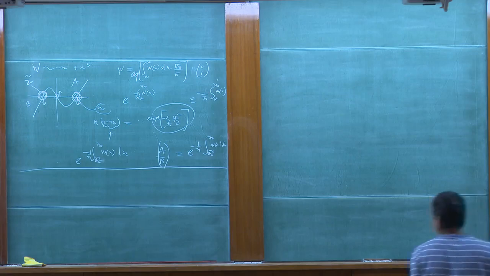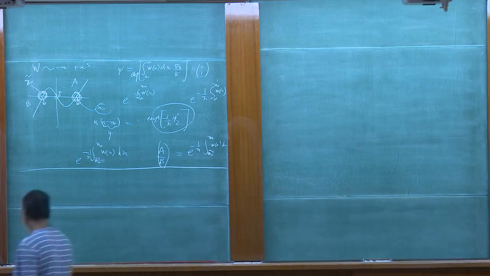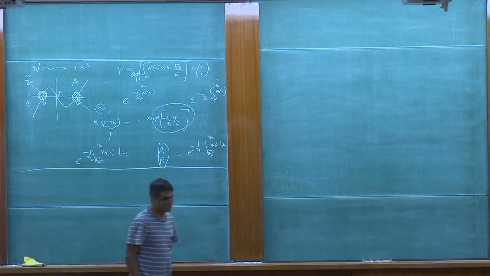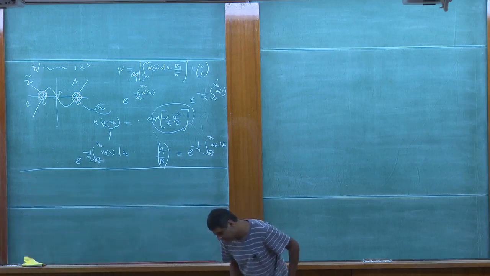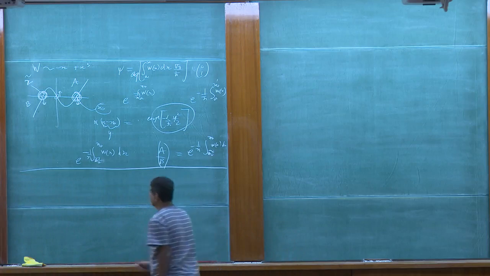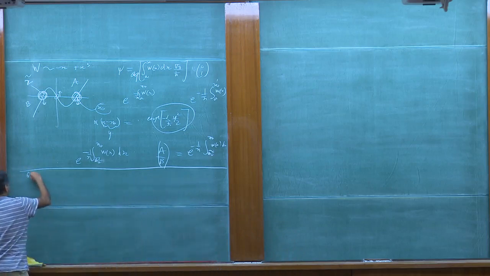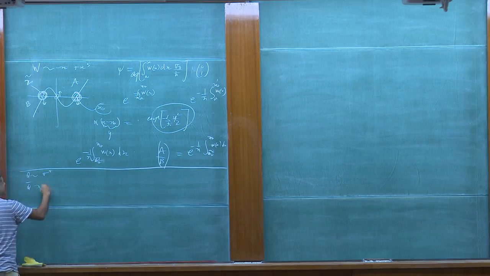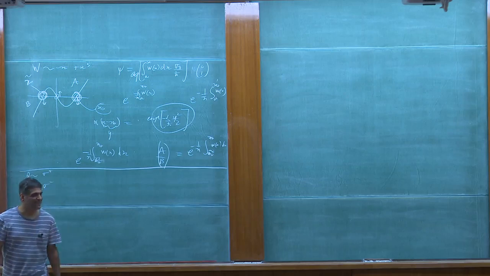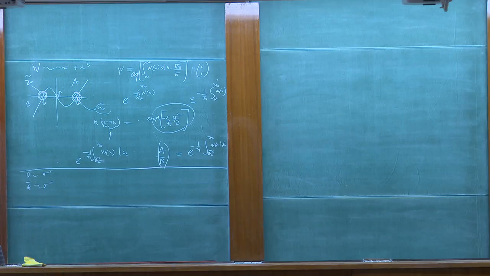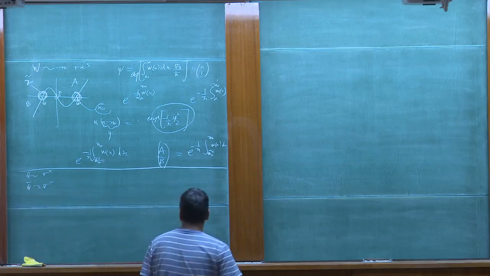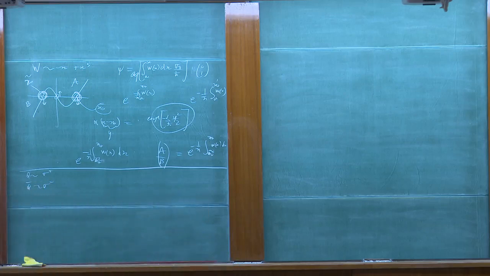Now, let us remember that the supersymmetry operator does not commute with spin. In fact, the supersymmetry operator Q went like sigma plus, and Q bar went like sigma minus. So let's give these states names.